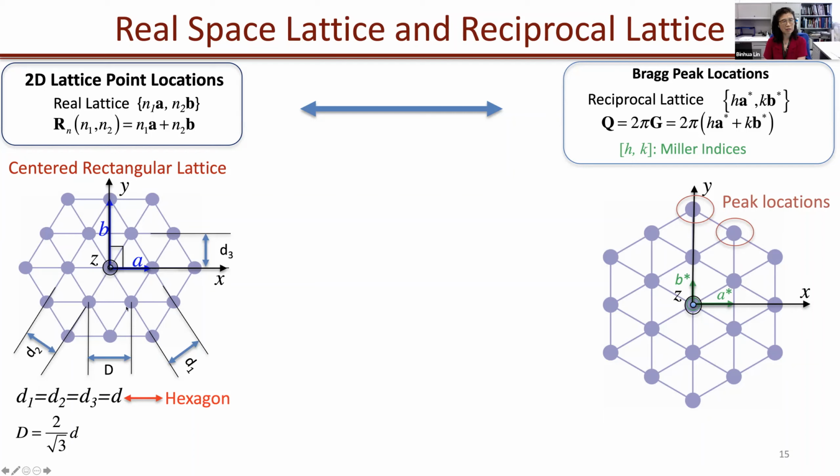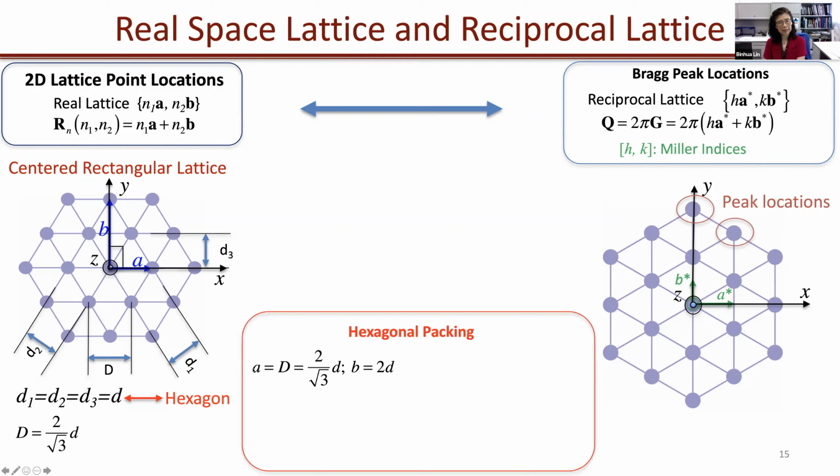The center-to-center spacing is the capital D, which is 2 over square root 3 times d. Then you will find A equals big D, and B equals 2 small d. It's easily extended to distorted hexagonals: the d-spacings are just different, but you can easily substitute the different d's into these equations.